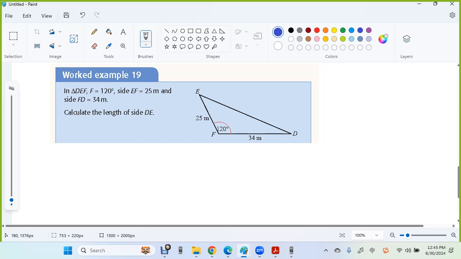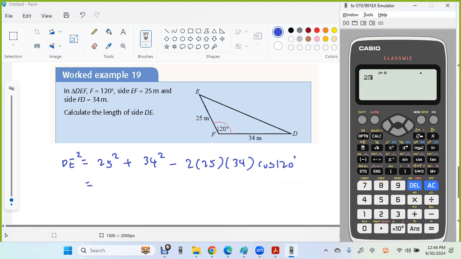In triangle DEF, we have 120 degrees, 25 meters, 34 meters. We want to find the side DE. This one is the same. DE square equals 25 square plus 34 square minus 2 times 25 times 34 cos 120.